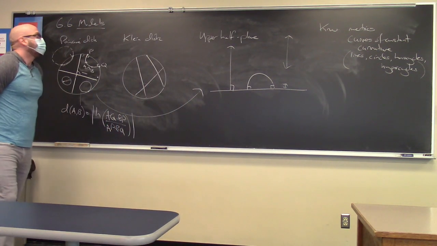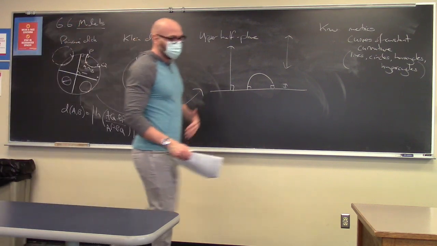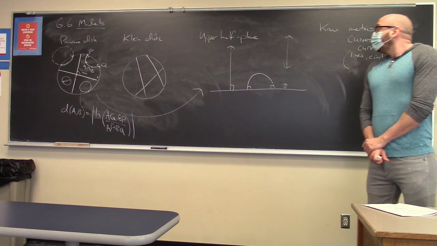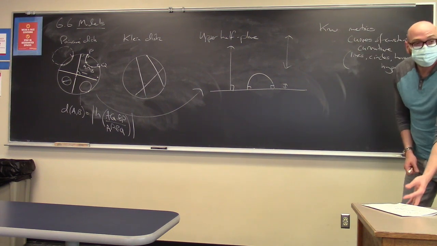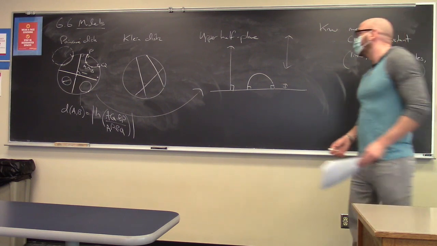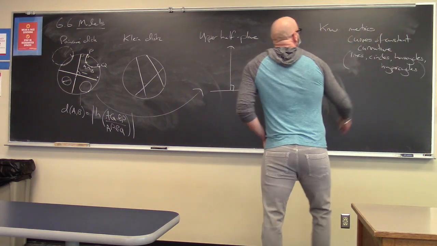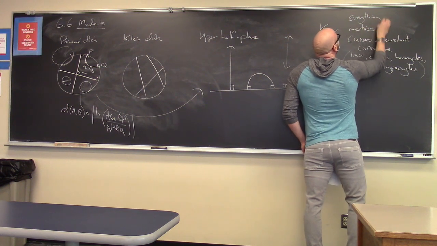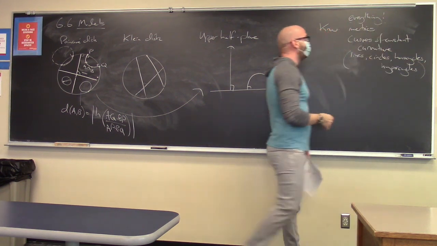And the unifying connecting theme between all of these curves is that they're what are called curves of constant curvature, where curvature is your normal calculus 3 definition of curvature. But no, really, there's probably more here, so I'll just say, know everything. There's a lot to these models.